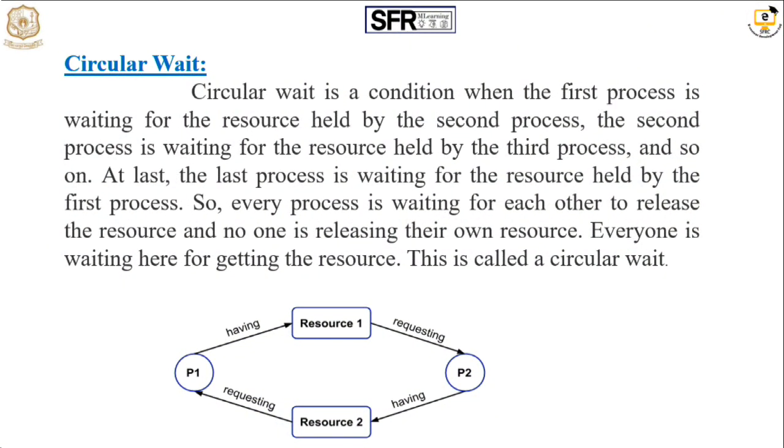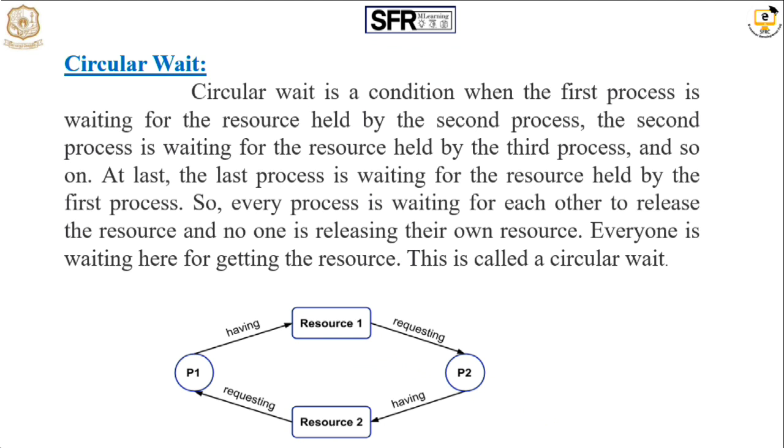And another condition is circular wait. Circular wait is a condition when the first process is waiting for the resource held by the second process, the second is waiting for the resource held by the third process, and so on, until the last process is waiting for the resource held by the first process.